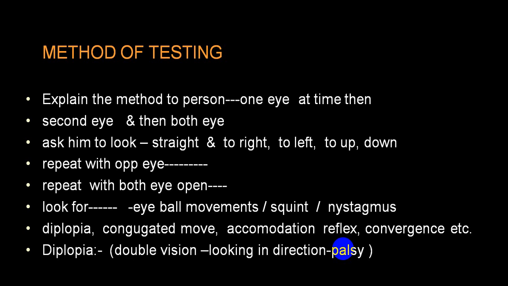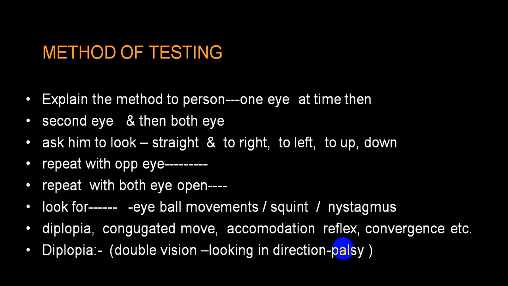You can look at nystagmus, and you can look at squint, and also look for elevation of the eyelid. During this movement, if a person has abnormal movement, or there is a squint or nystagmus, it is definitely pathological.